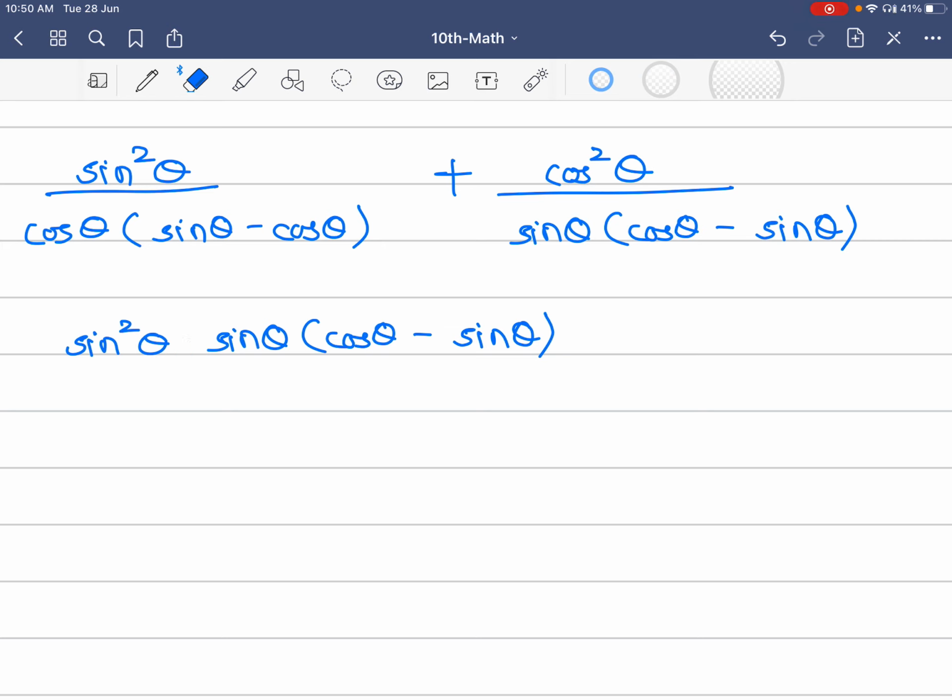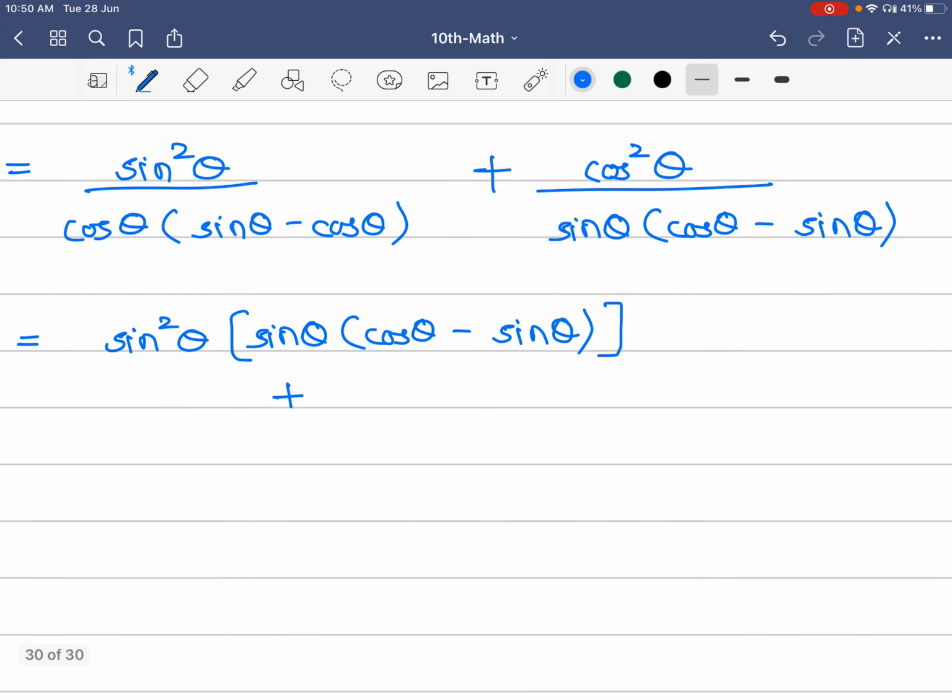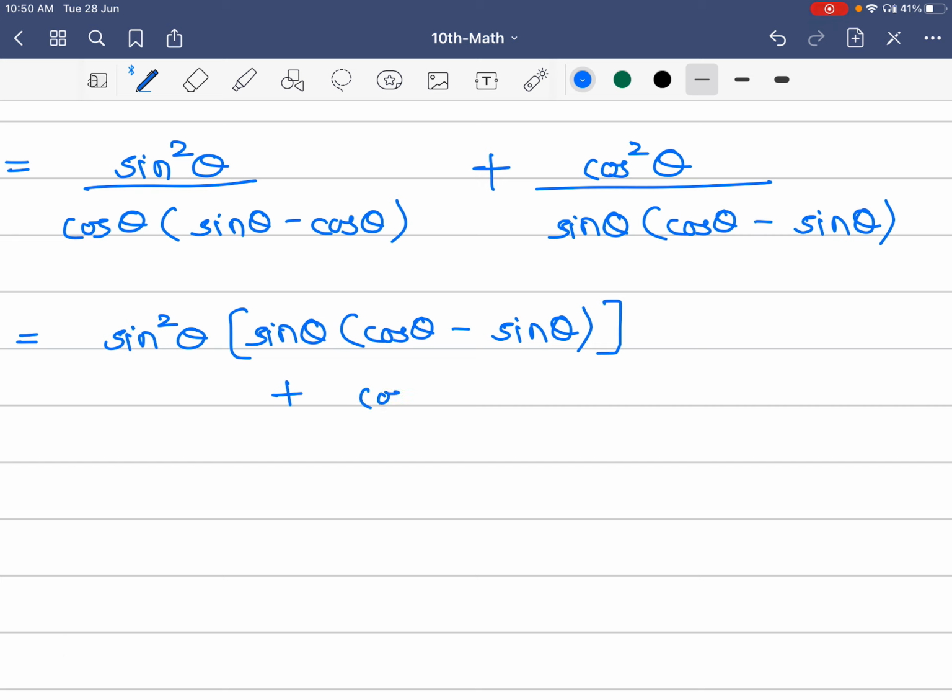Let's change this. Plus, I'm going to write this plus as it is, and then we have cos square theta into, we have cos theta multiplied by sine theta minus cos of theta. This whole thing is our numerator.